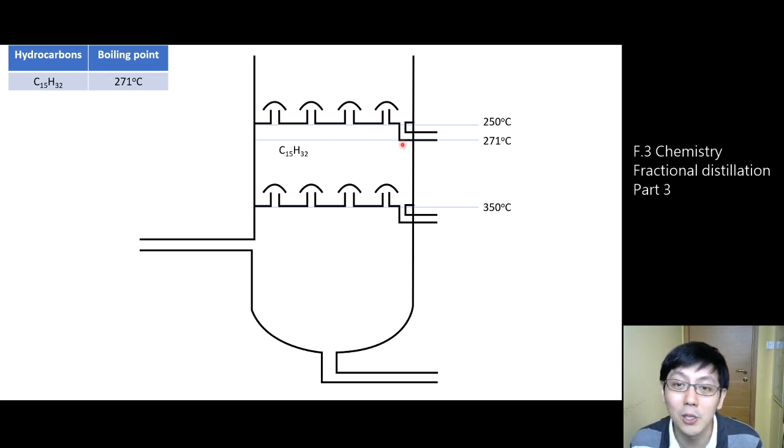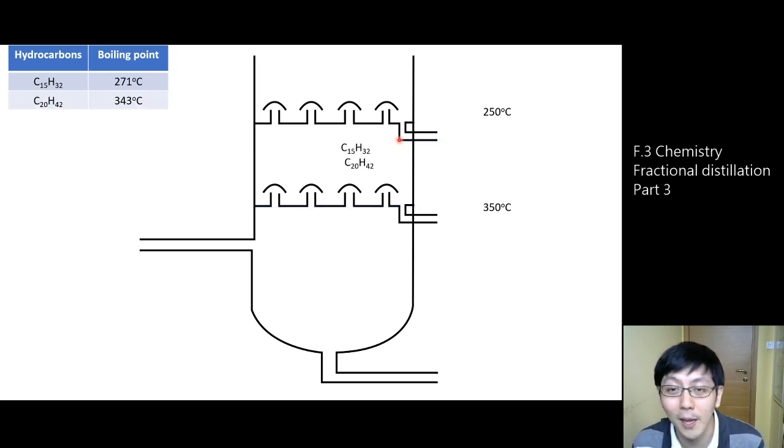So when we put these two cases together, both of them have one similarity. They cannot pass through the level with the temperature exactly equal to their boiling point.